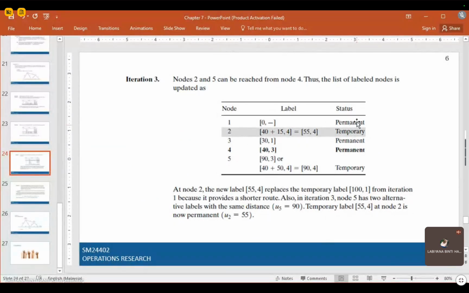So we get into this bag. We get first our node 1, then the second permanent is 3, the third one is the fourth one, and the last one is node 2.